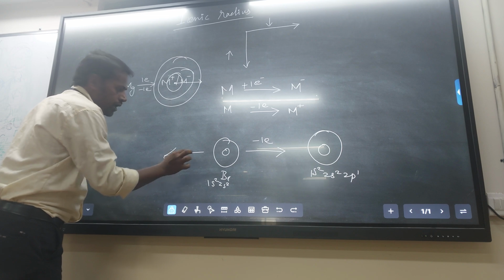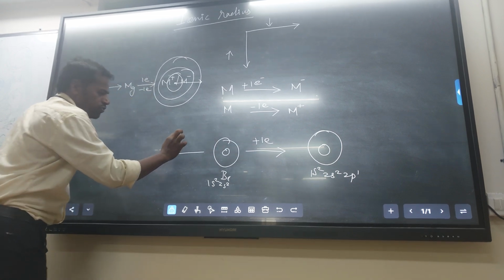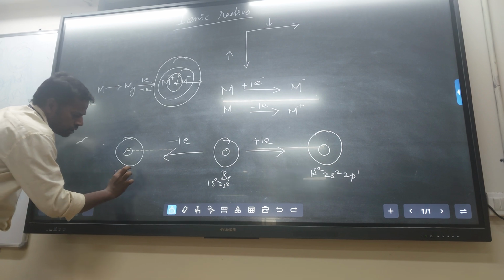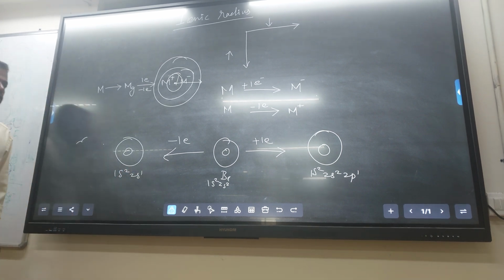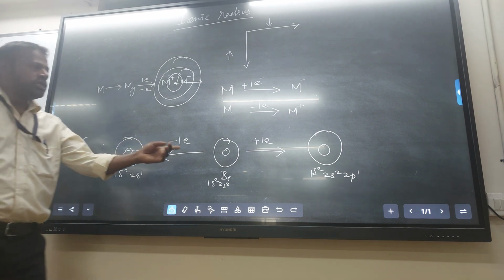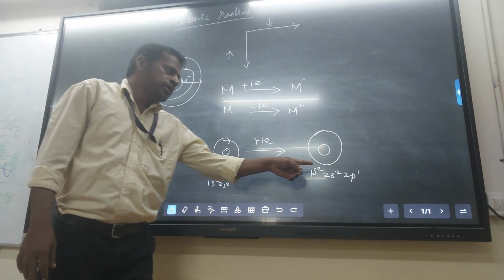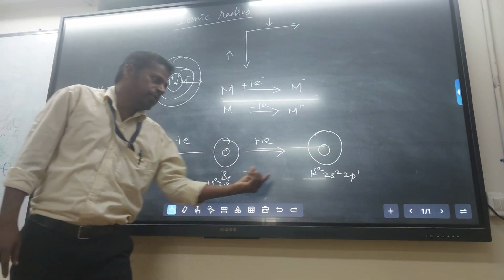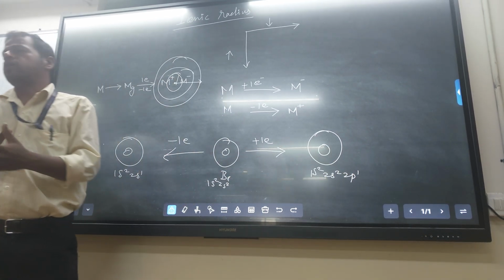This is the addition of one electron. If you remove one electron, what happens? 1s2, 2s1. So here, just listen. When you add one electron, the p orbital, which had no electron, now has one electron.